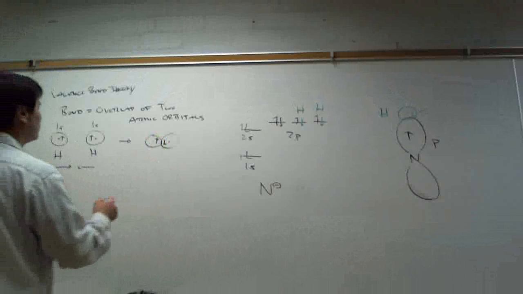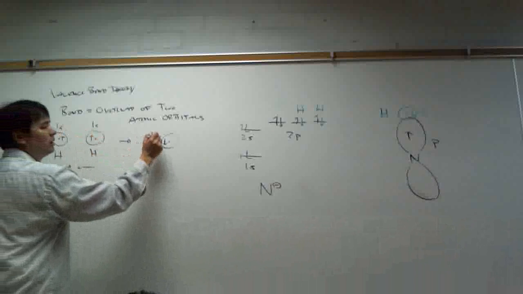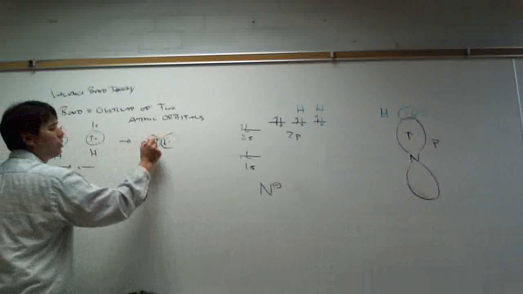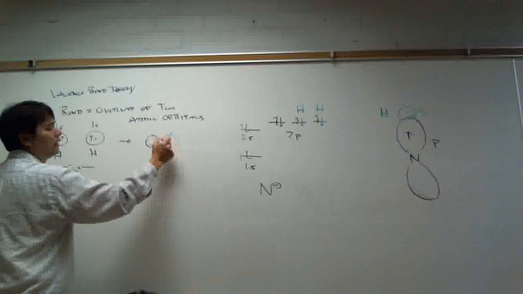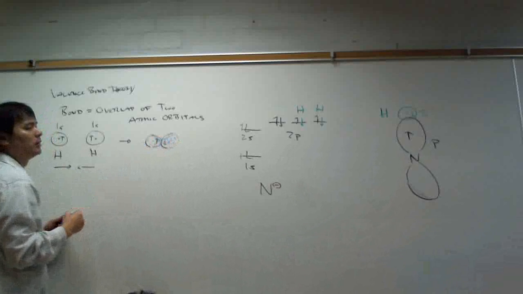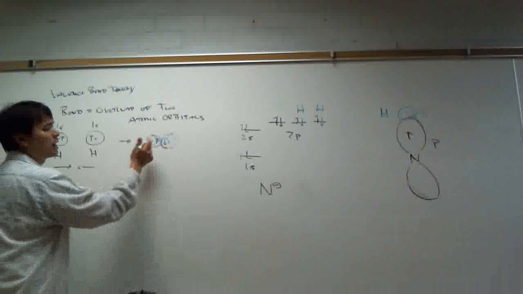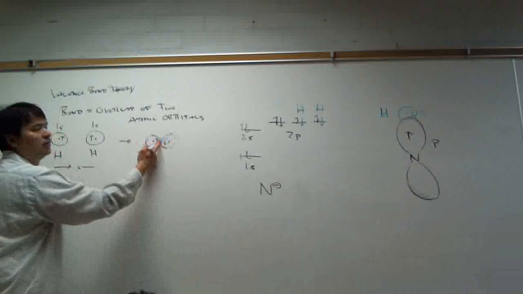When I look at the electron cloud where it overlaps, it is going to be higher density. There's just going to be more dots where the two orbitals are overlapping. That's going to create the bond, because the nuclei are going to be attracted to this region of concentrated negative charge density.